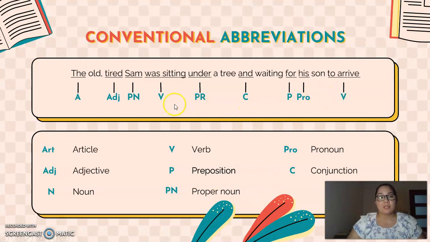This is a representation how they are identified in a tree diagram. This is the bottom level per se, and this is the way it is abbreviated. So it's important for us to learn how they are abbreviated in order to be able to identify them in a tree diagram.